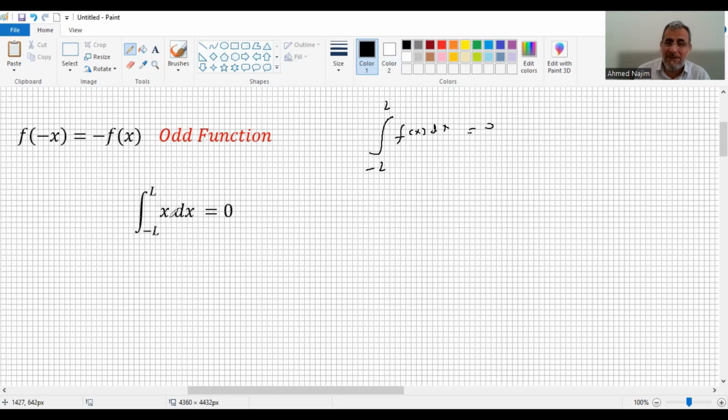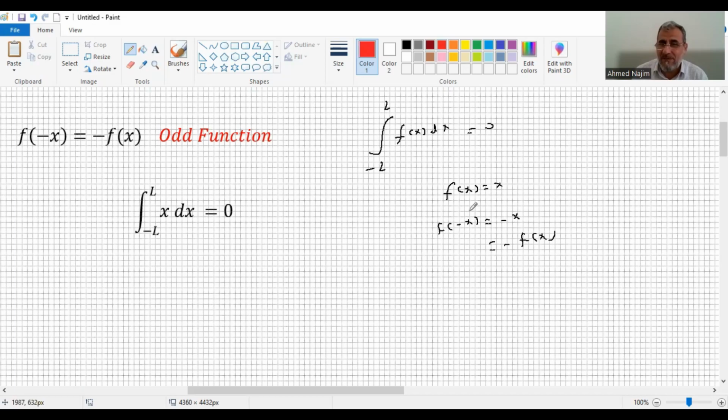Like for example x. x is odd, clear, because f of x is x, and f of minus x is minus x, so it is equal to minus f of x. So it is odd.